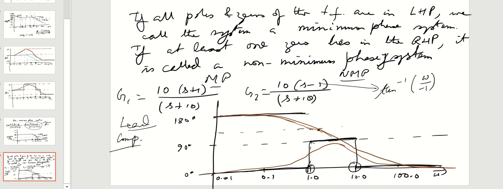So now you'll realize why this is called minimum phase and the second one is called a non-minimum phase.